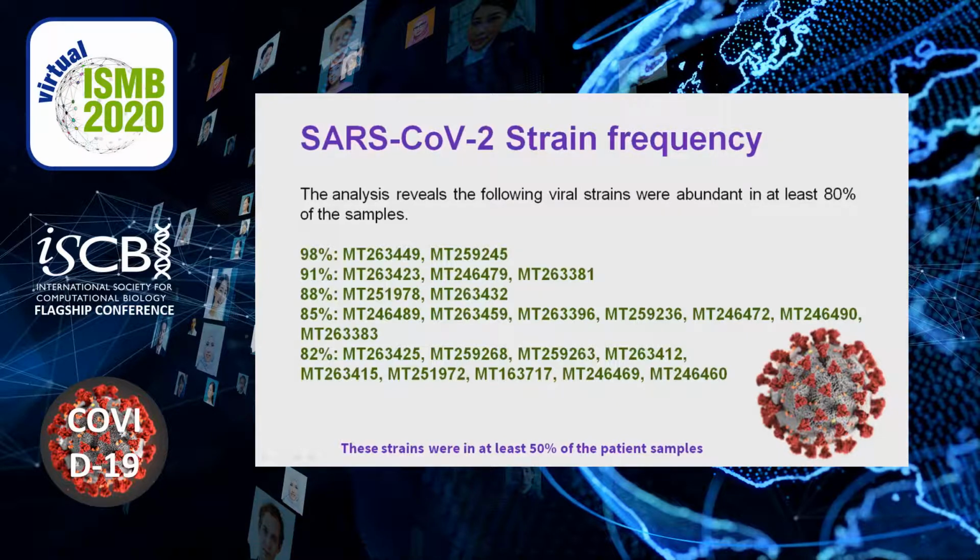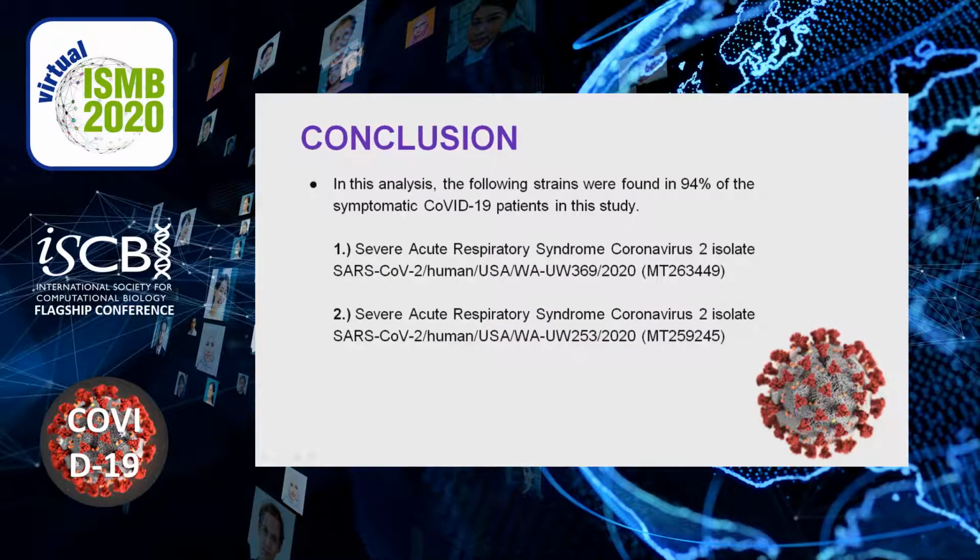So I'm going to move to the conclusion. In this analysis, the following strains were found in 94% of the symptomatic COVID-19 patients used in the study. The first one is severe acute respiratory syndrome coronavirus 2 isolate SARS-CoV-2 with the accession ID MT263449.